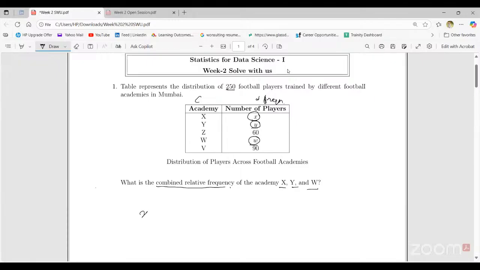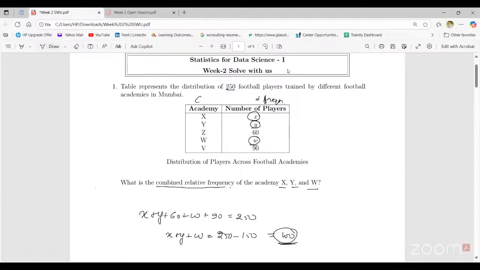So X plus Y plus 60 plus W plus 90 is equal to 250. From this, X plus Y plus W equals 250 minus 150, which is 60 plus 90. So we get 100. The sum of frequencies of X plus Y plus W is 100.